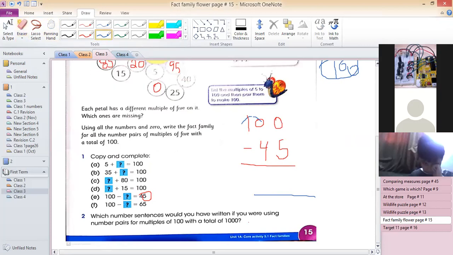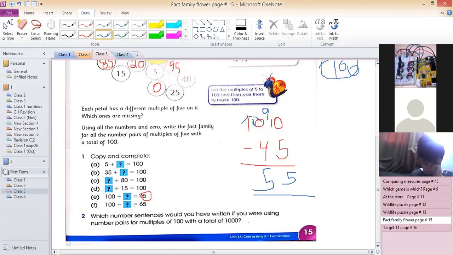You cannot subtract 5 from 0. Then you will take 1 from 10. It will become 9. This 0 will take 1 from it. This becomes 10. After giving 1, it becomes 9. 10 minus 5 is 5. 9 minus 4 is 5. So it is 55.